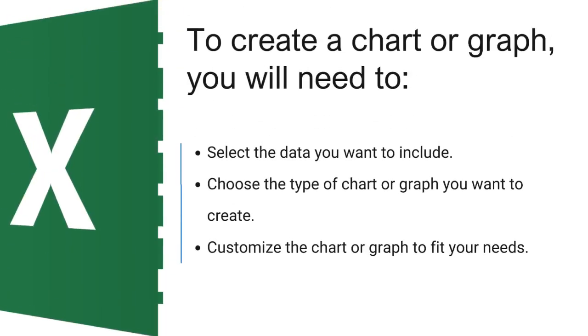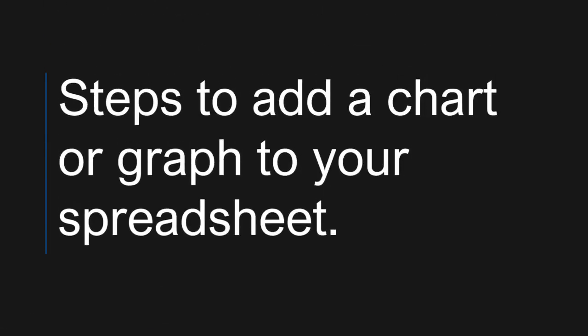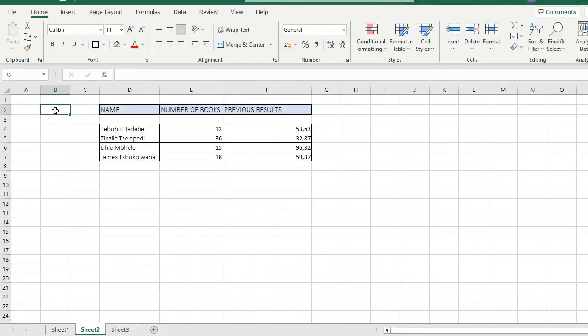How to create charts and graphs. To create a chart or graph, you will need to select the data you want to include, choose the type of chart or graph you want to create, customize the chart or graph to fit your needs. Here are the steps to add a chart or graph to your spreadsheet. Step 1. Select the data you want to include in your chart or graph.